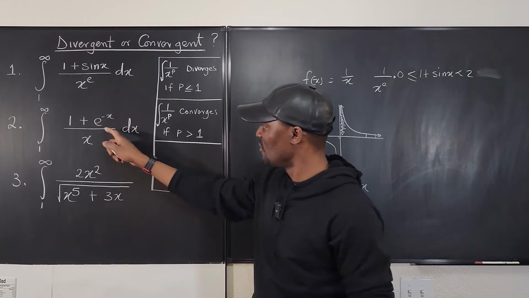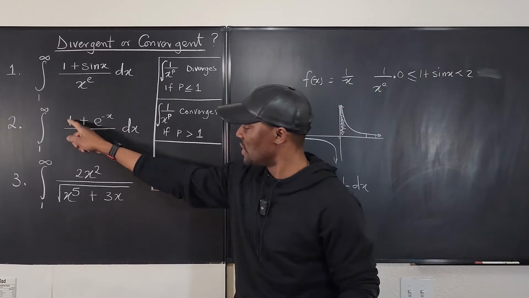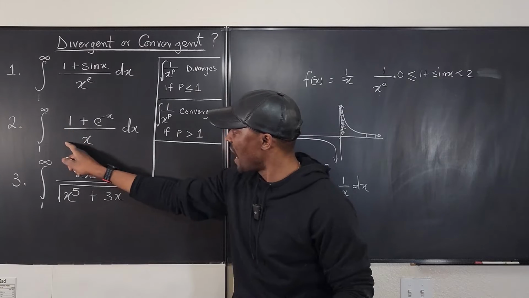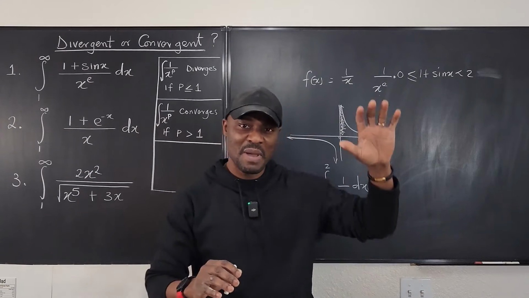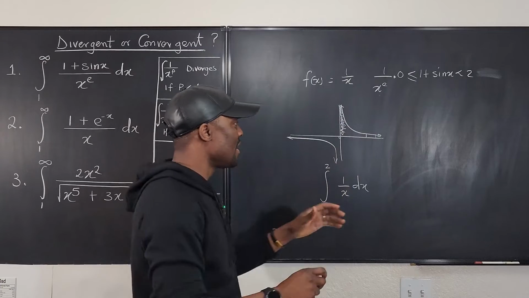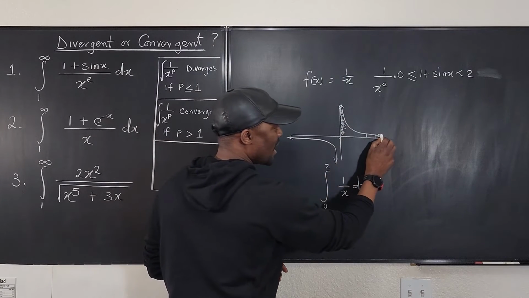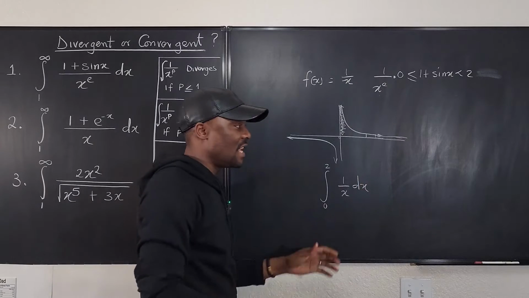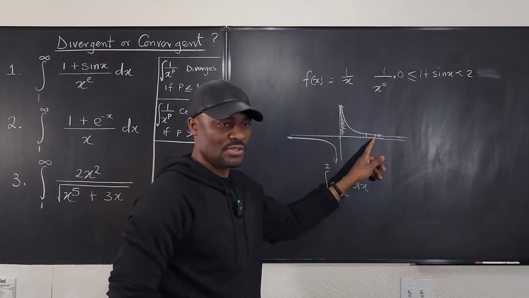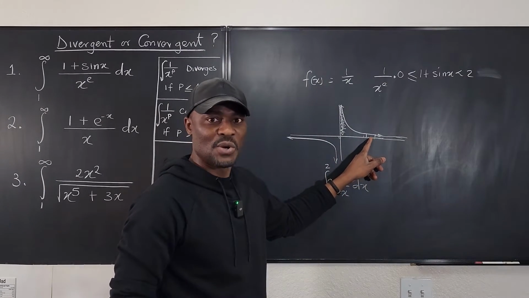We go to the second one. This should be convergent, and 1 over x should also be convergent, right? Now, when we say convergent, remember we're trying to calculate the area. What do you think is going to happen if we try to calculate the area under this line as it goes to infinity? If we restrict it, yes, it even looks like a trapezoid or something.